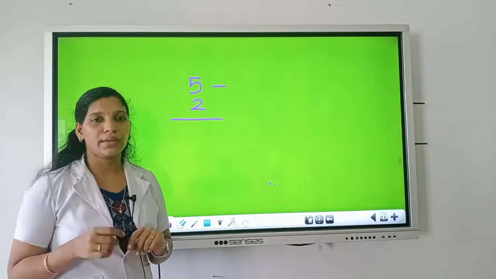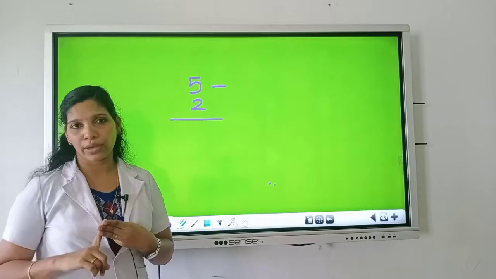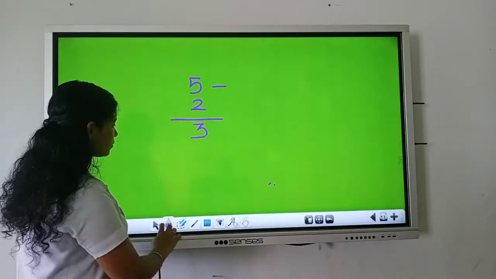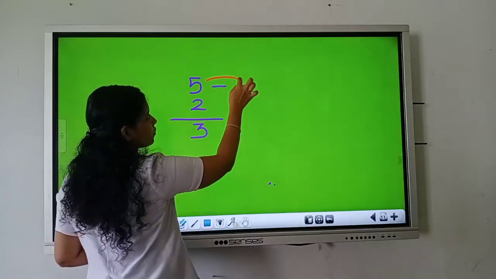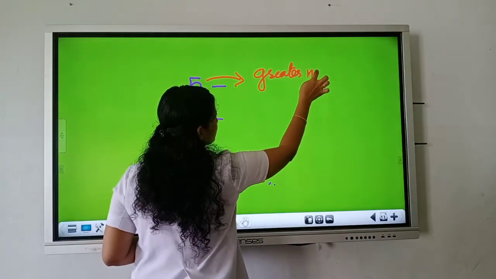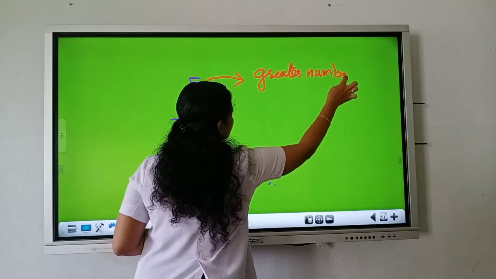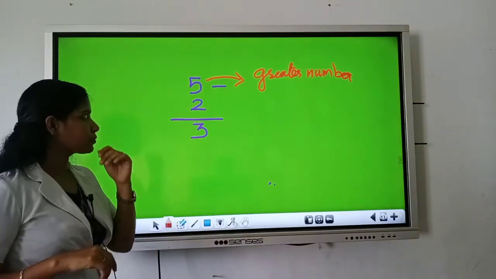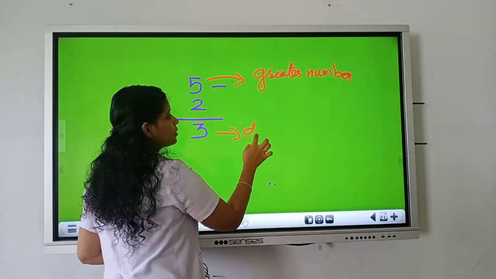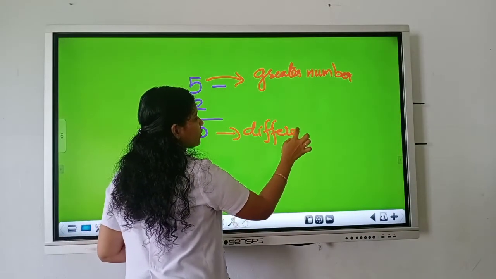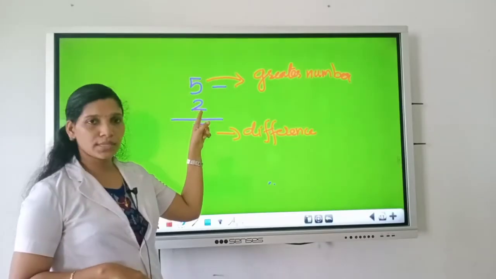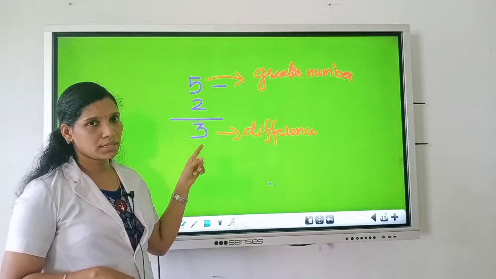To 2 you can add 3, 4, 5. 3 numbers. Now here 5 is the greater number, 2 is the smaller number and 3 is the difference.